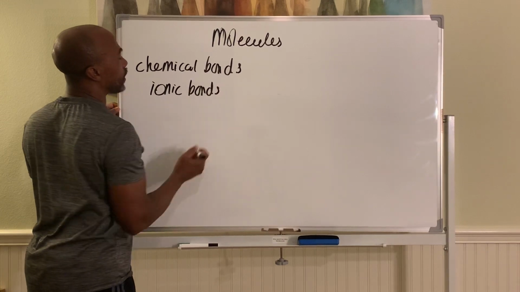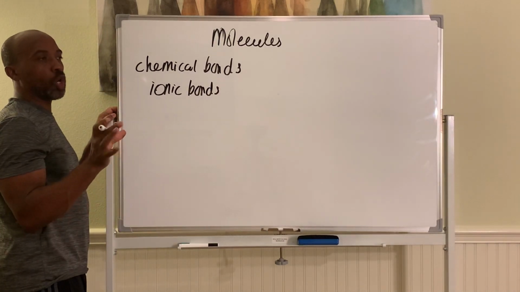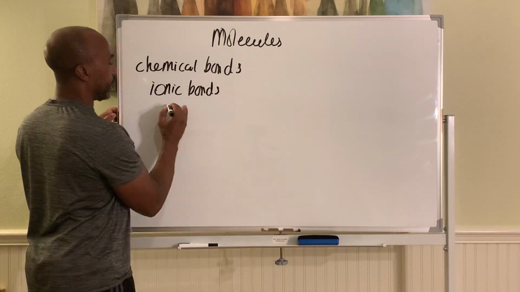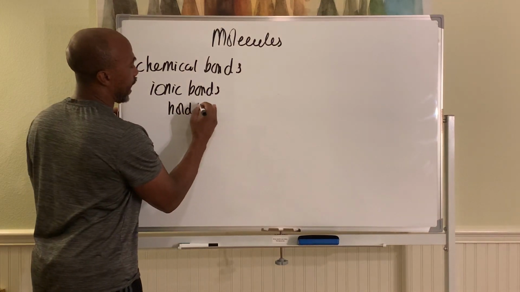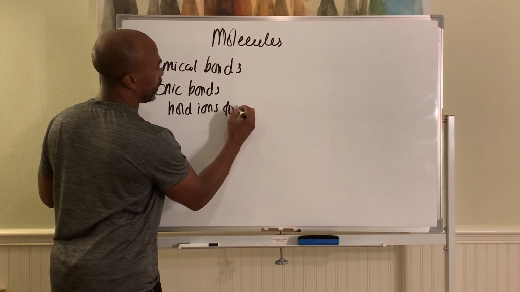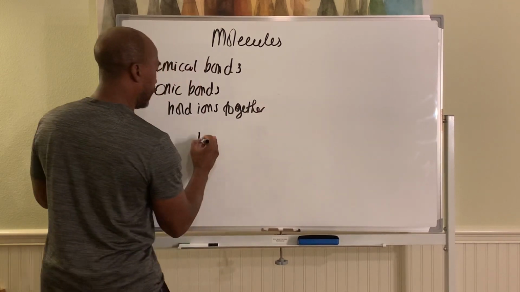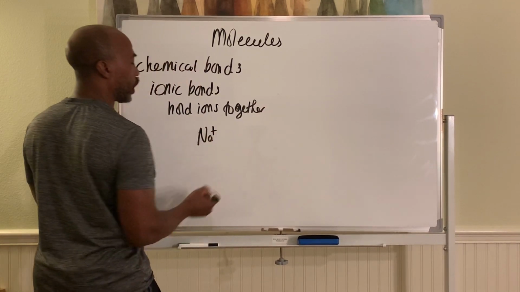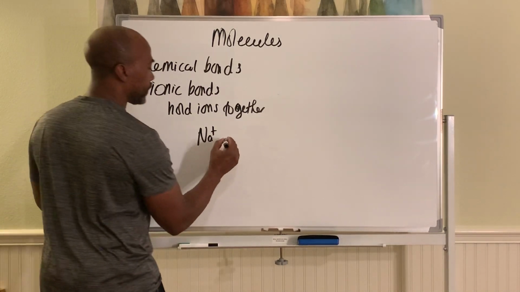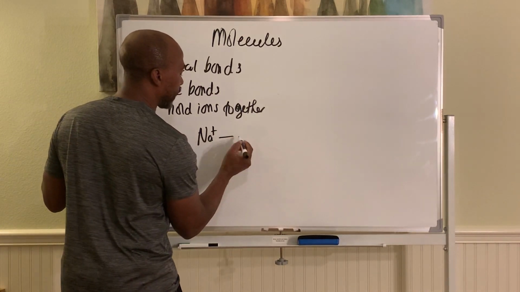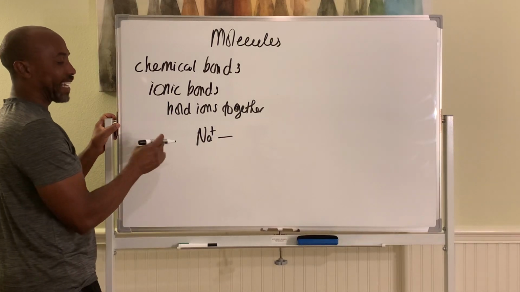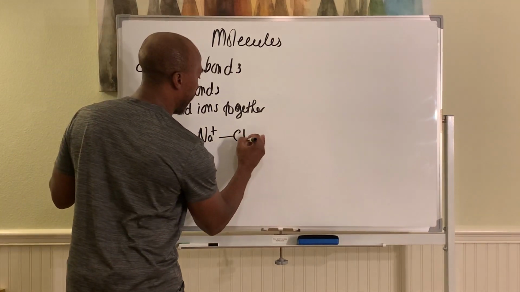Ionic bonds are bonds that hold ions together. For example, a sodium ion with a charge of +1 is held together electromagnetically to chloride ions.